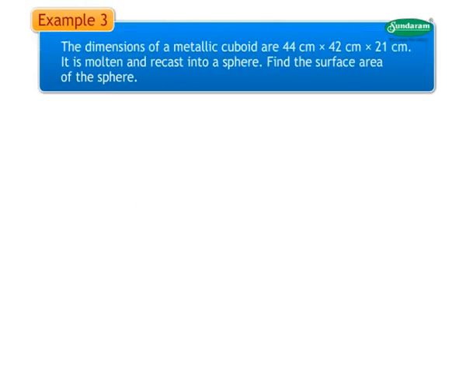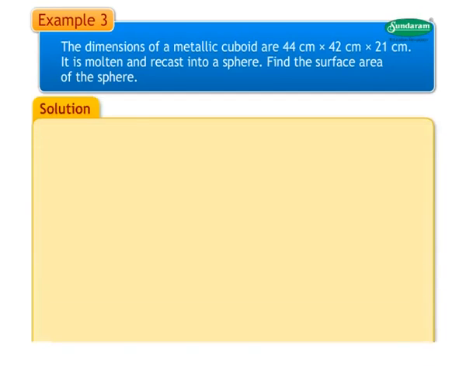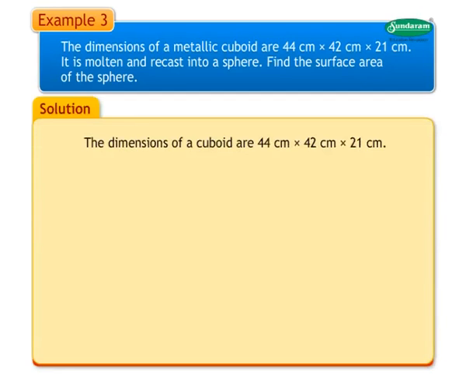Example 3. The dimensions of a metallic cuboid are 44 centimeters into 42 centimeters into 21 centimeters. It is molten and recast into a sphere. Find the surface area of the sphere. Solution. The dimensions of the cuboid are 44 centimeters into 42 centimeters into 21 centimeters.